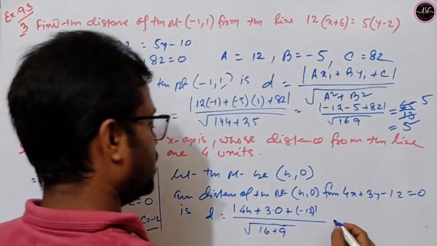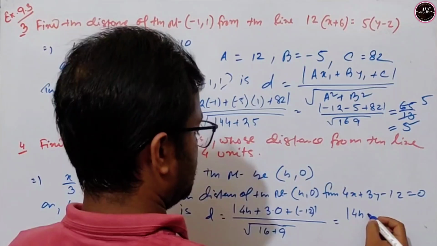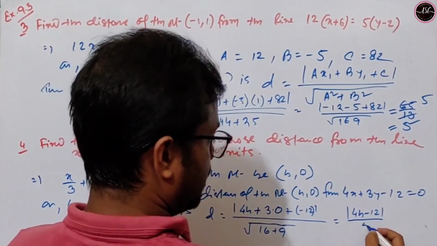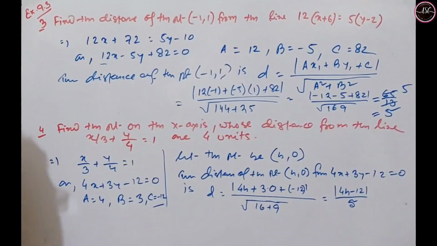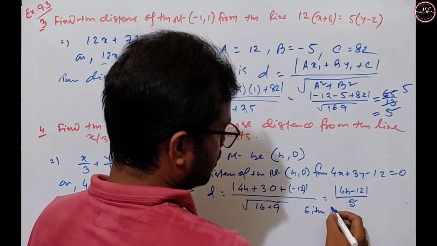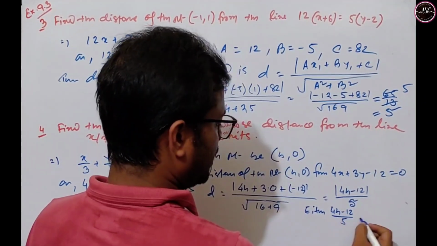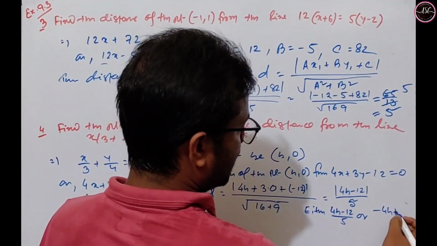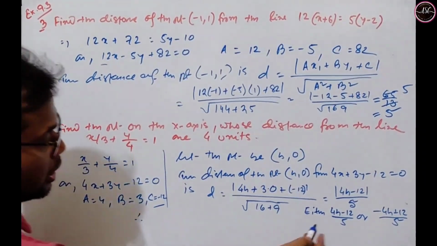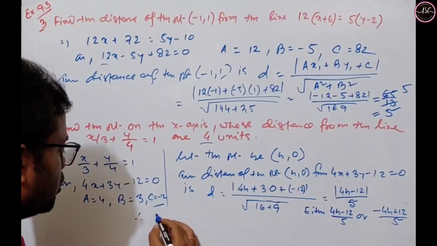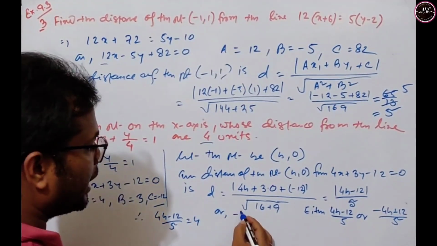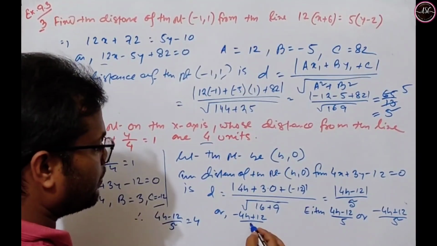So it will be mod of 4h minus 12 divided by 5. So the value can be either 4h minus 12 divided by 5 or minus 4h plus 12 divided by 5. Therefore this is equal to 4. So 4h minus 12 by 5 equal to 4 or minus 4h plus 12 divided by 5 equal to 4.